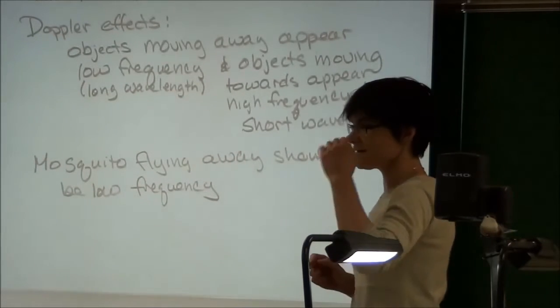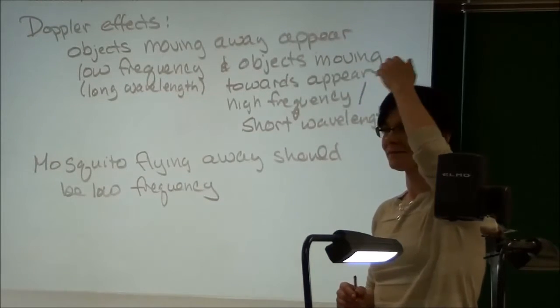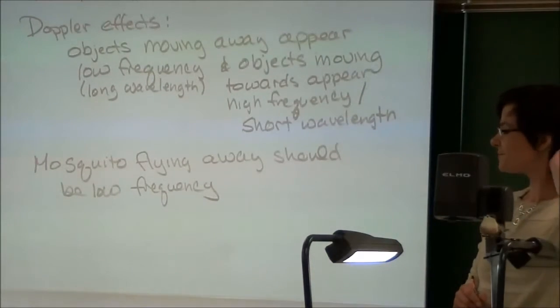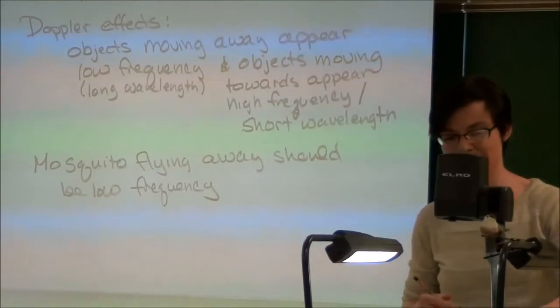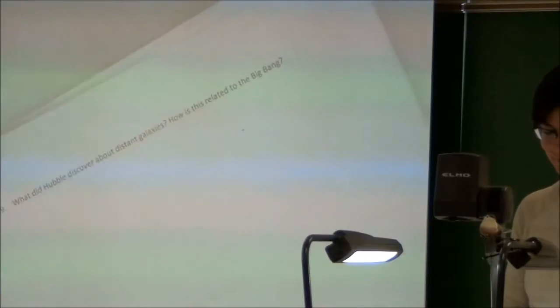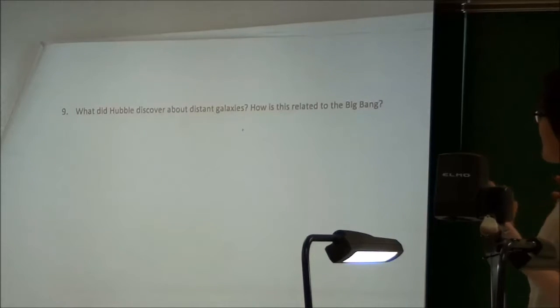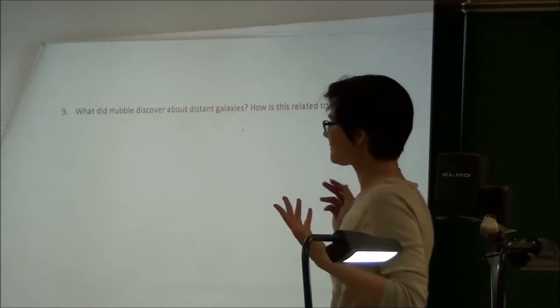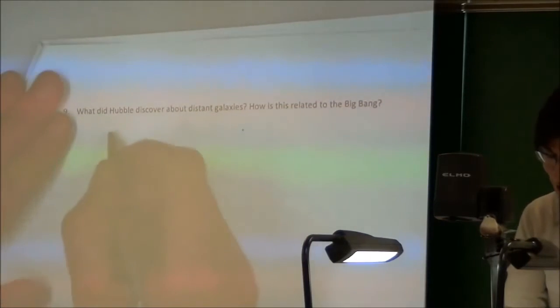Make sense? So what did Hubble discover about distant galaxies? The redshift, right? He discovered the redshift. They appear redshifted.